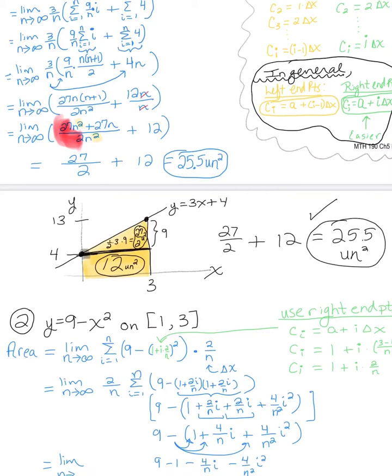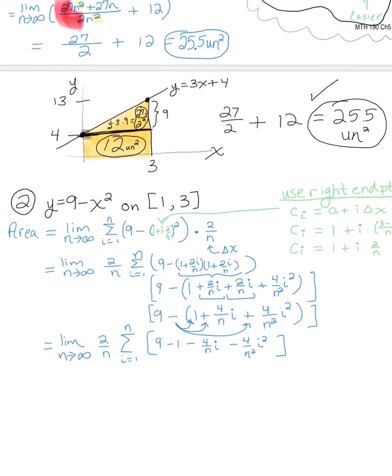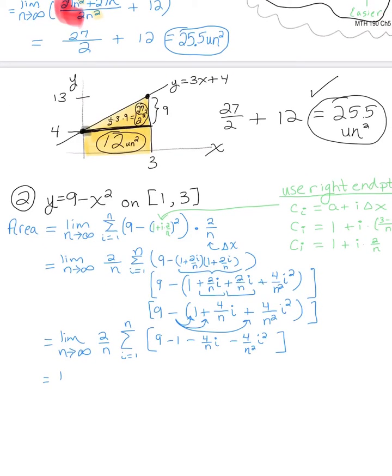All right, so let's bring this back in here. I don't like to go too far without rewriting where we were at. So this is the limit as n goes to infinity of 2 over n times the sum as i goes from 1 to n of, and the only simplifying I can really do here is the 9 minus 1. So I can't do a whole lot of simplifying here.